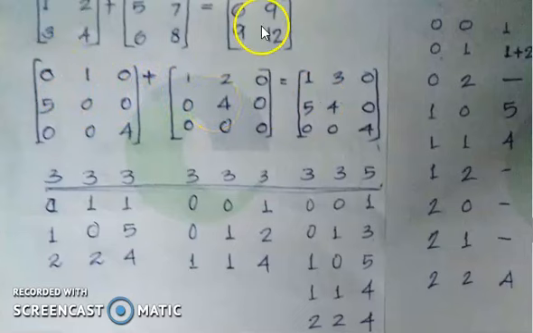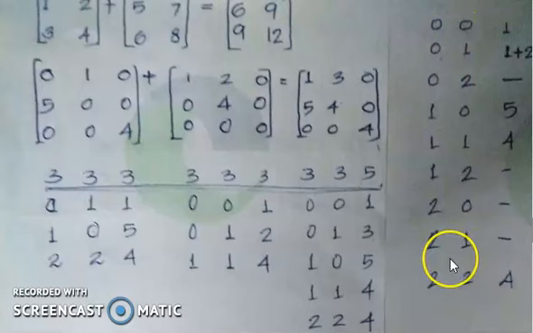Is it clear to you? I'll repeat. We are generating the triplets of our sparse matrices. Then we are writing down all the possible locations in a 3 by 3 matrix. Why do I say 3 by 3?